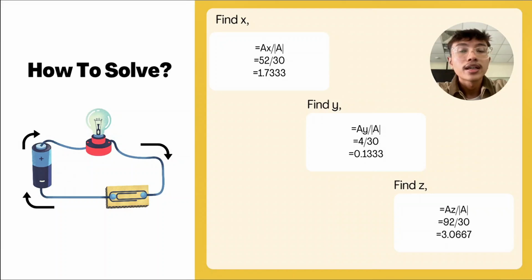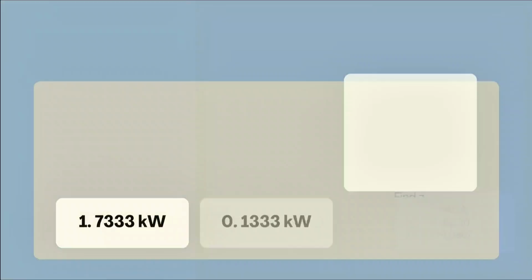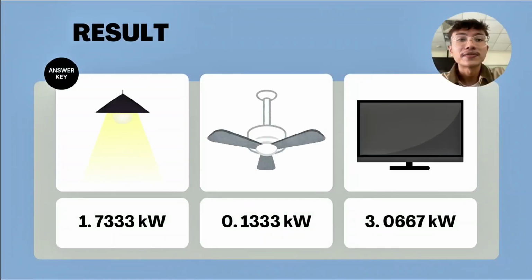The Ay we got just now, divide by the determinant of A, it will be 4 divided by 30, and the answer for y is 0.1333. And then z, as we got just now, divide by the determinant of A, and we get 3.0667.